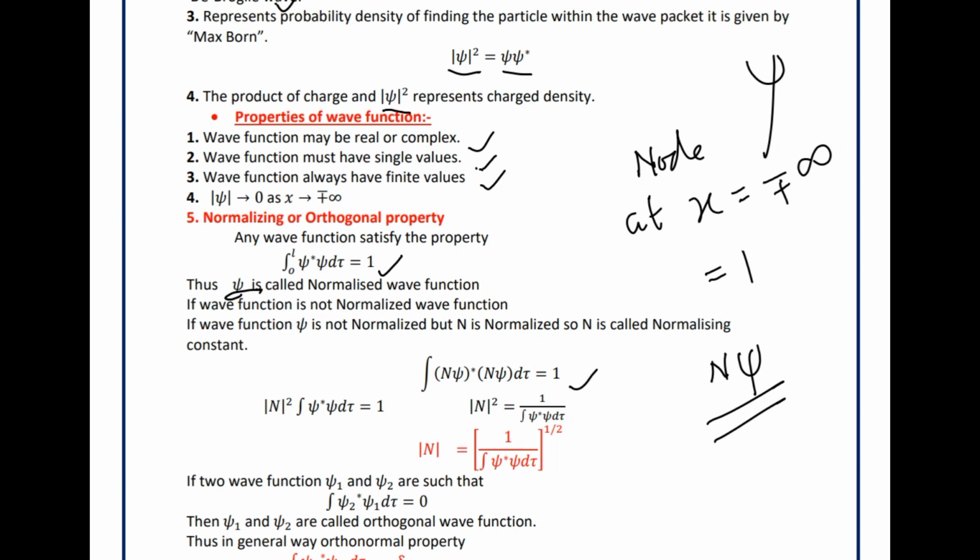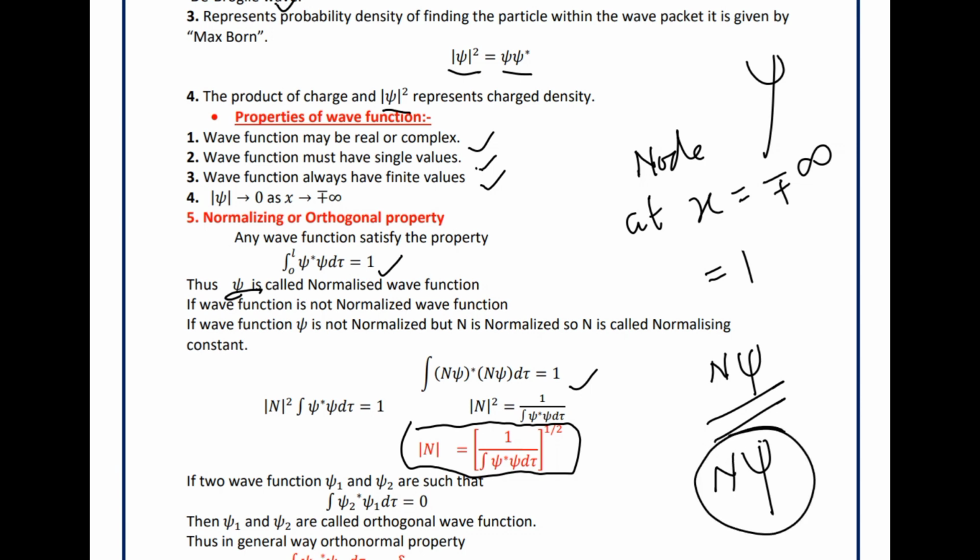So we will get the value of n by this formula, which is called the normalizing constant. If we multiply the given function by this value, the final function, the product with normalizing constant n, will be normalized and gives total probability 1.